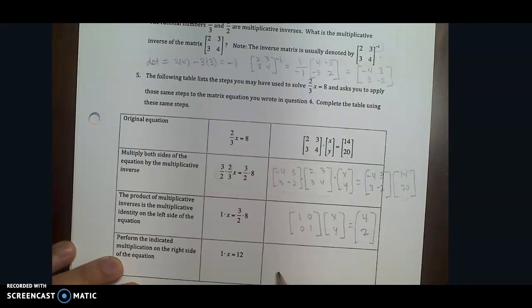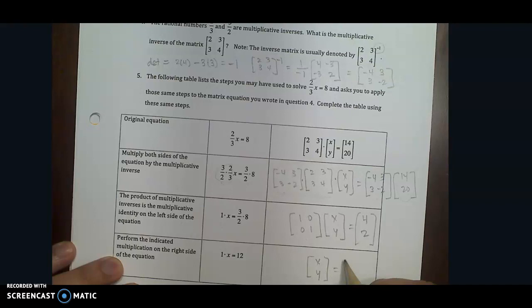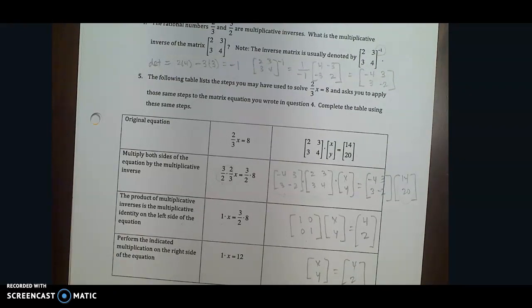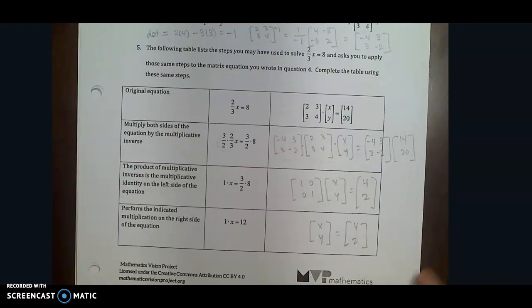That brings us down to here. This is just the identity matrix, so when I do row times column, I end up with x and y again. And here we're left with the solution for x and y. We solved for this system.